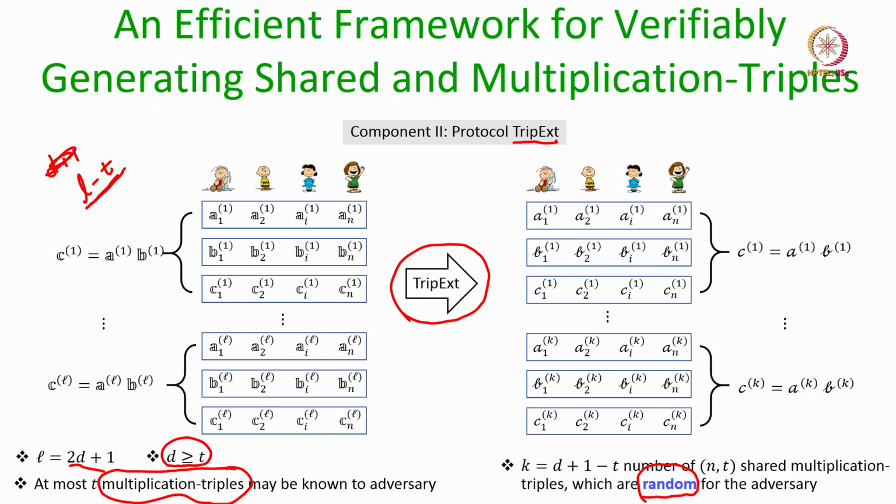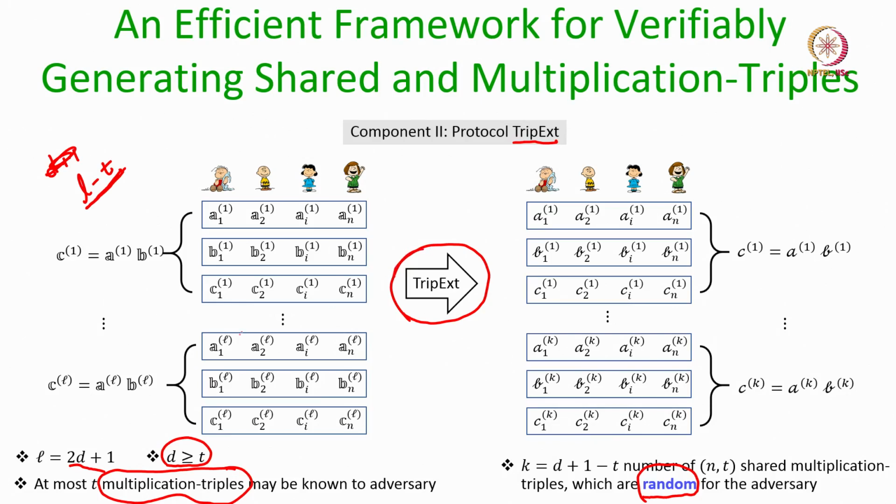Okay. So, let me again stress, among the input multiplication triplets there are up to L minus t multiplication triplets which are not known to the adversary, but we do not know which exact ones they are.